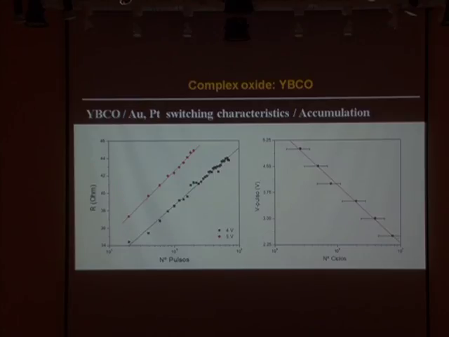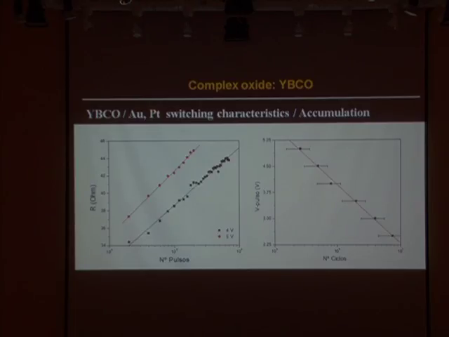This is a logarithmic evolution with the number of pulses that you apply, and you can ask, for example, which number of pulses I need to obtain a certain resistance, and so you can make this plot. This is the voltage of the pulse that you apply as a function of the number of cycles to reach that resistance. So something like the number of pulses to failure.